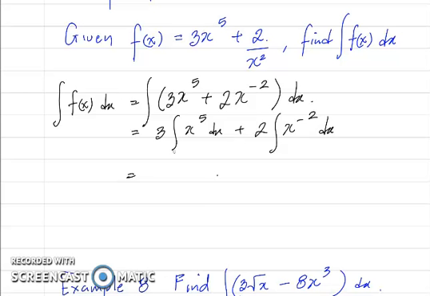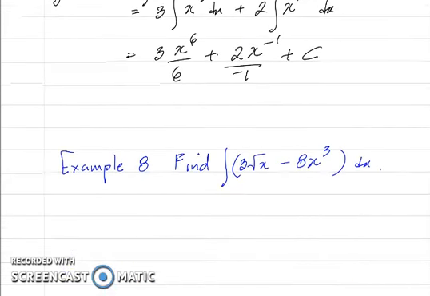Now it's a power integration, so we increase the power by 1 and divide by the new power. So we have 3x to the 6th power divided by 6 plus 2x to the minus 1 divided by minus 1 plus c, the constant of integration.